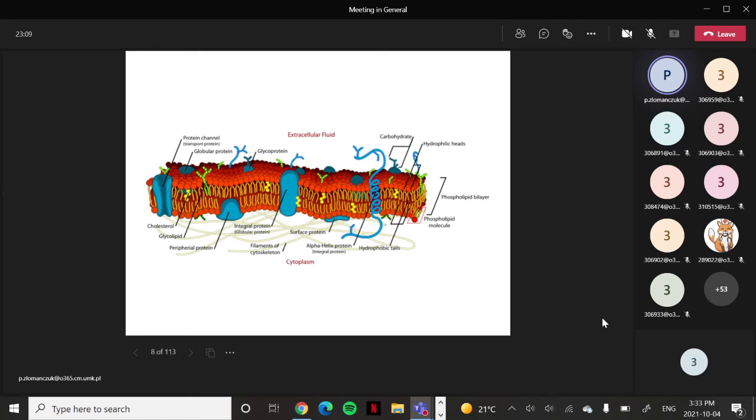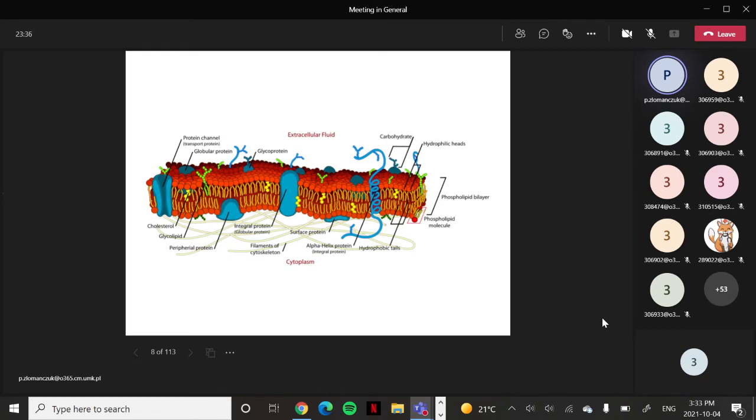It's radically different from the environment surrounding the cell. So in order to maintain this specific internal environment, the cell has to be bordered, and the cellular membrane plays this role of isolating the internal environment from external influences.